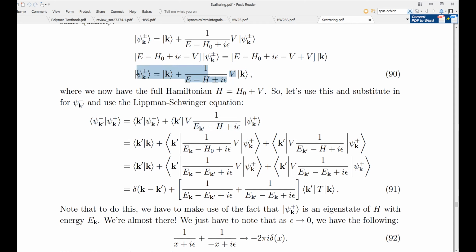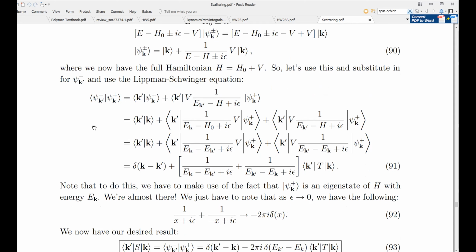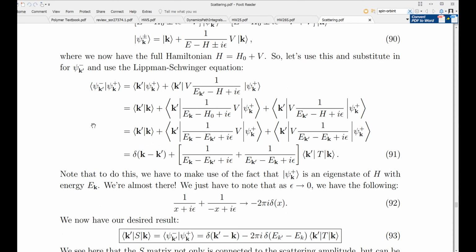And then from the third line to the last line, the whole thing is just the T matrix, k prime v psi k prime plus k prime v psi k prime, right? For which line?